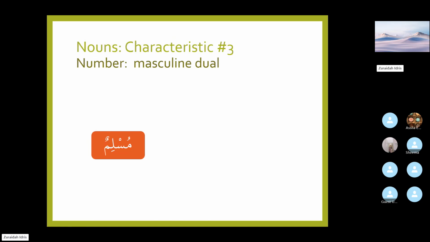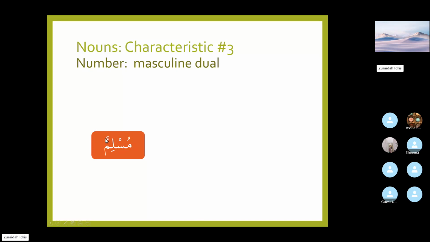Anyone doesn't know what dhamma means? Dhammatun. Everyone know what dhamma is? Dhamma is this small vowel. This is a dhamma. This one is actually two dhammas, like two tadpoles playing around there.